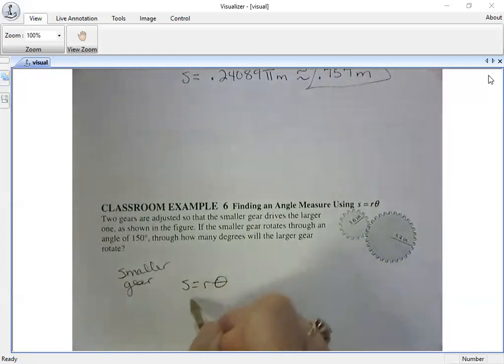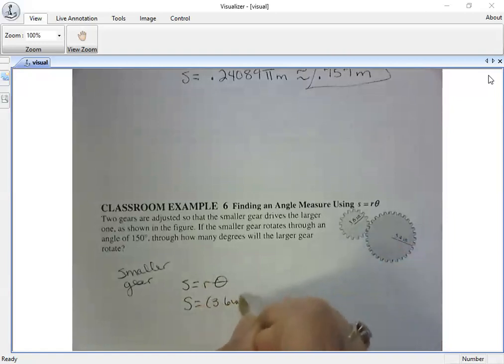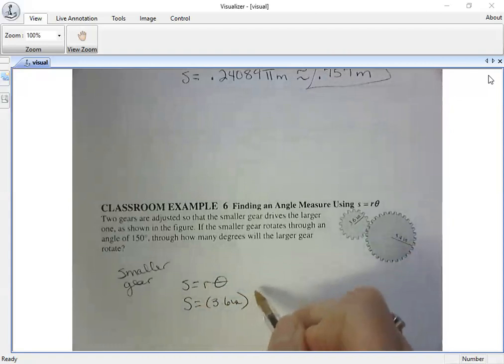And we will have my radius of 3.6 inches, and my angle measure is 150. Now, if you want to pull it off of your unit conversion, you can. But we could also do 150 times what?